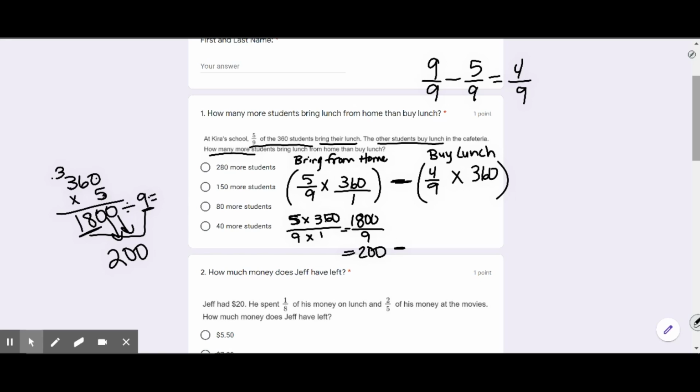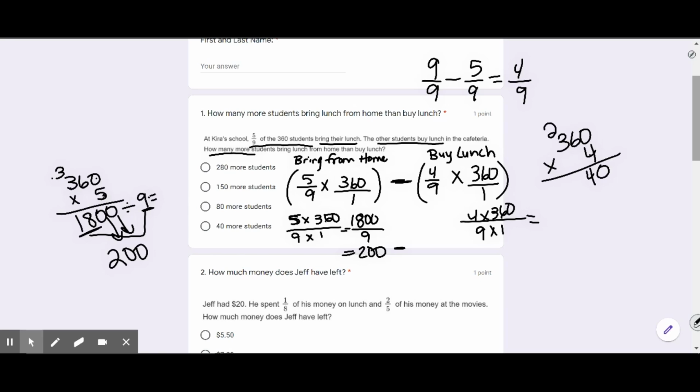So I'm doing the same thing on this side. Put a 1 underneath my 360 and then multiply across. So now I have 4 times 360 over 9 times 1. Over here we have 360 times 4. I know 4 times 0 is 0. 4 times 6 is 24.